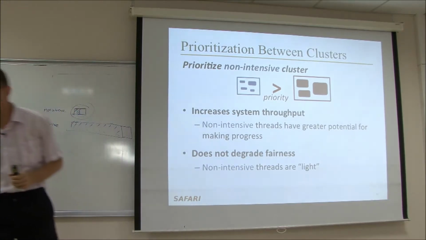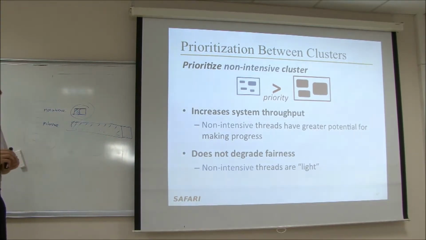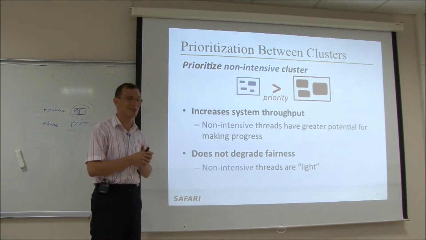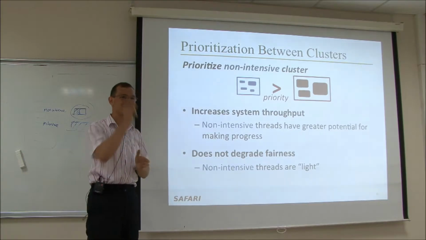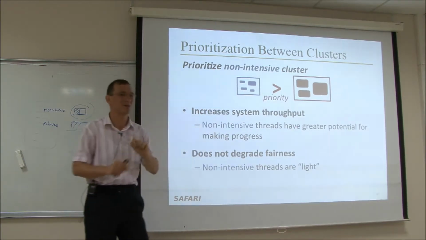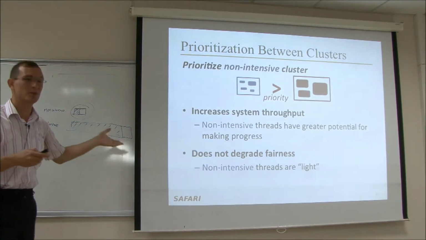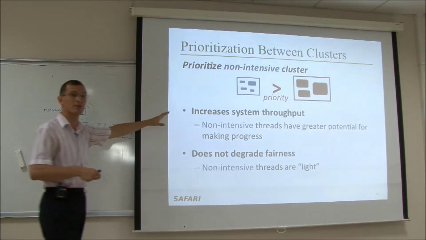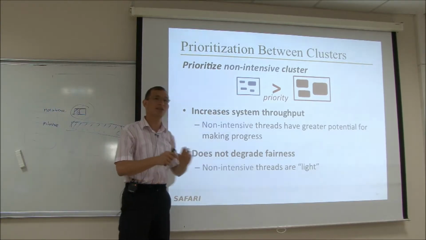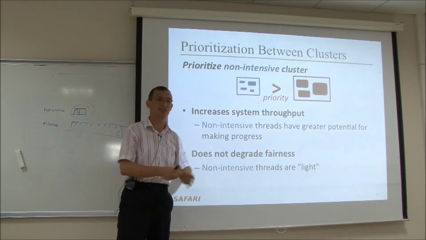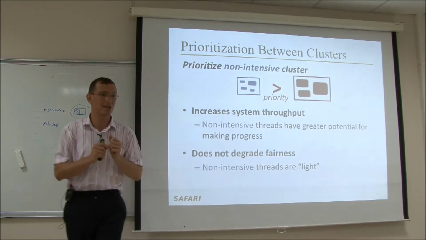Yes, that's right. You have to either select your alpha in a nice manner or somehow be more intelligent. But whenever you have a single threshold dividing two clusters, you always have issues. You always have that granularity problem, right? So we won't be perfect. This will be the Achilles heel of thread cluster memory scheduling. It'll perform really well, but the downside will be that it's not so robust because of this cluster threshold. Sometimes it'll do great, sometimes it won't do so great, because sometimes an intensive thread will sneak in here.